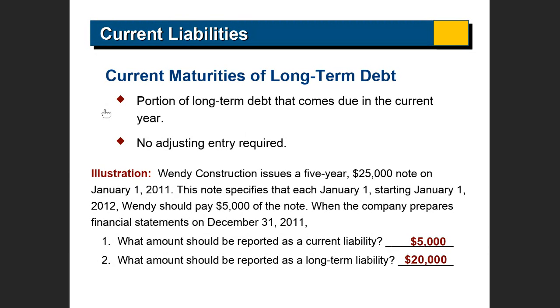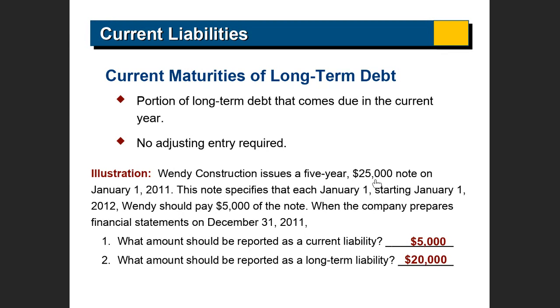So let's say you have a long-term debt, in this example, $25,000. $25,000 is payable for a period that is longer than 1 year. But a portion of that 25,000 is payable this year. Every long-term debt has a current maturity, which is payable within 1 year.